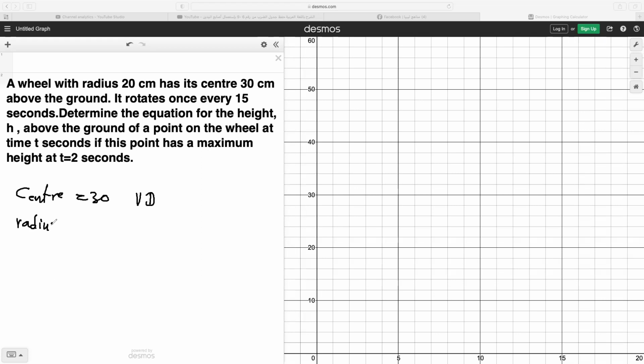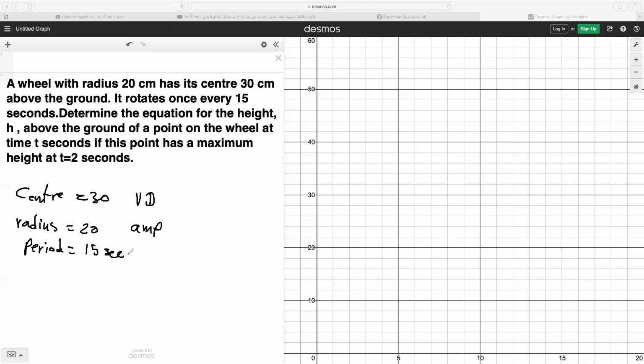The radius equals 20, and that's your amplitude. And then they say it rotates once every 15 seconds. So basically they're telling you the period equals 15 seconds.